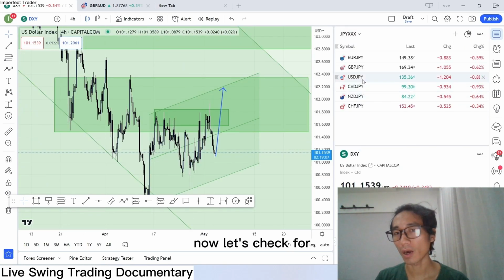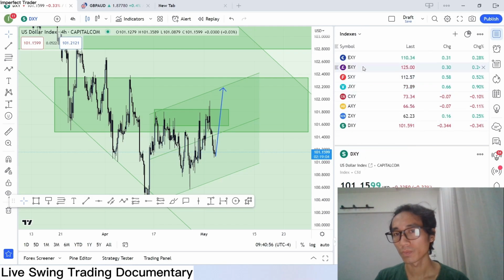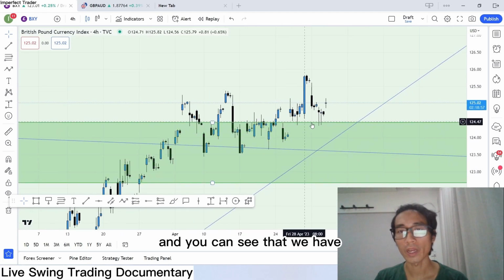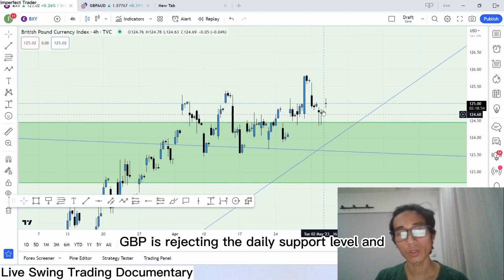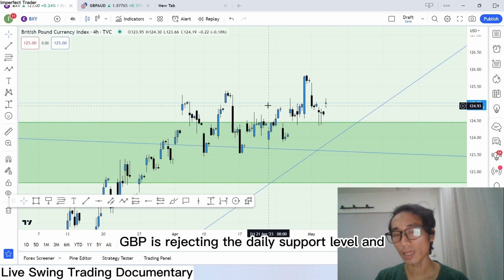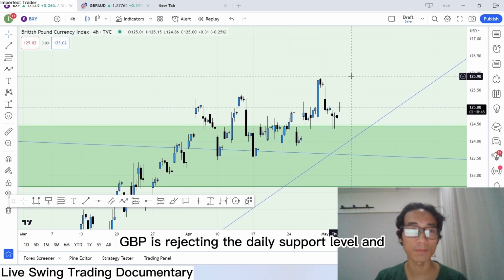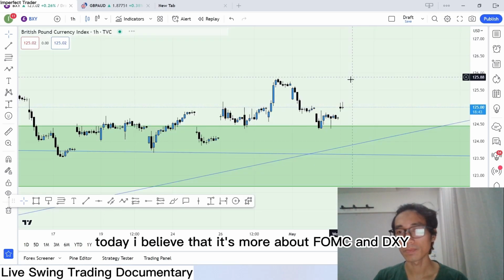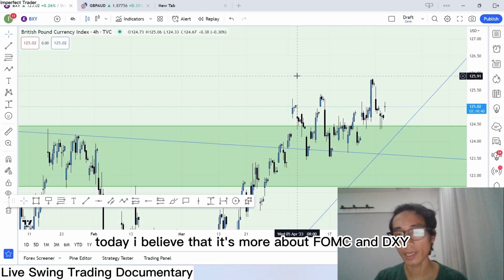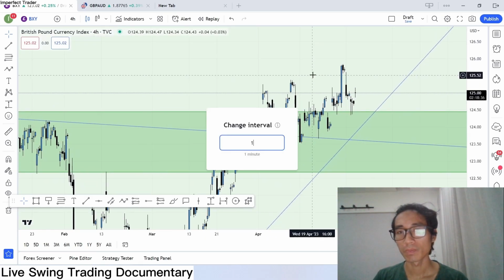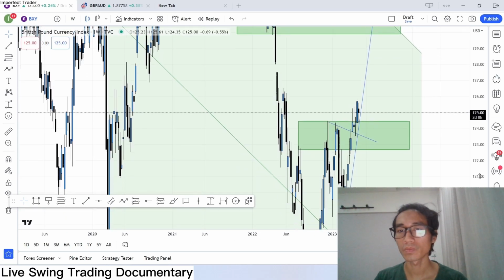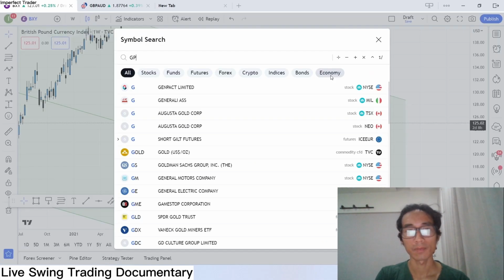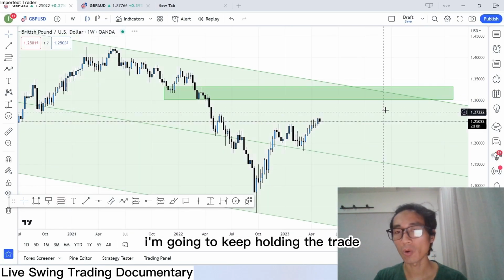Now let's check the British pound index, and you can see that we have British pound rejecting the daily support level, and today I believe that it's more about the FOMC and DXY, but overall everything is still as my plan, and I'm going to keep holding the trade.